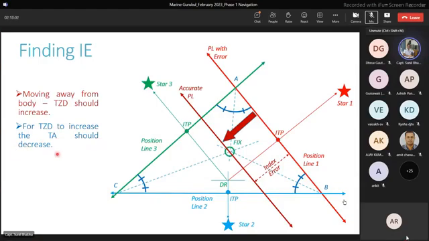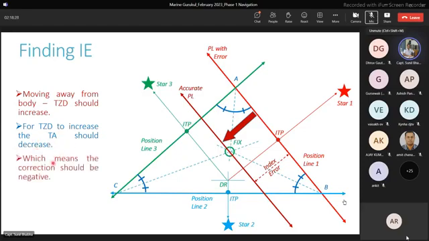If the true altitude decreases, then 90 minus true altitude, that is the true zenith distance, is going to increase. And if the true zenith distance increases, this red PL will move towards the maroon color PL and it will become accurate. So we want the true altitude to decrease.